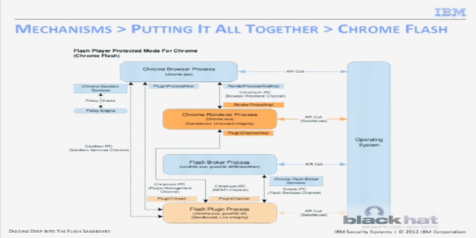For privileged NPAPI calls, the Chrome renderer process uses another set of services exposed by the Chrome browser process. Because the NPAPI interface is limited, Chrome Flash needed another Flash broker process. Its services are callable to the Flash plugin process via simple IPC.